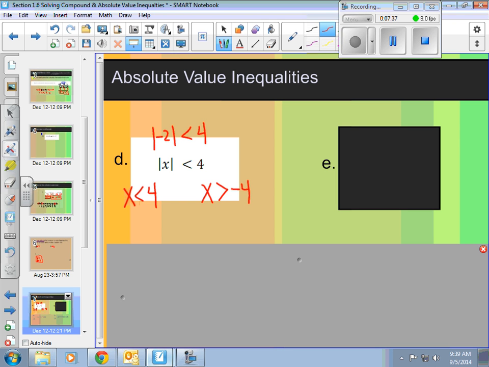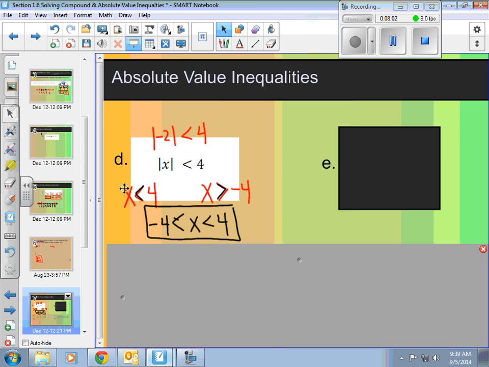The absolute value of negative 2 is 2, so yes, that is less than 4. So both of these would work for my absolute value. So let's go ahead and write it as our solution. It has to be: negative 4 is less than x, and x is less than 4. So there is my solution put together.